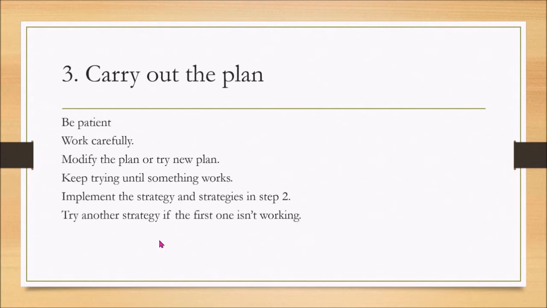Then you try another strategy if it won't work. Then keep complete, accurate records of your work. Though you have a mistake, you still have to record your wrong solutions, then go on so that you will not forget it.